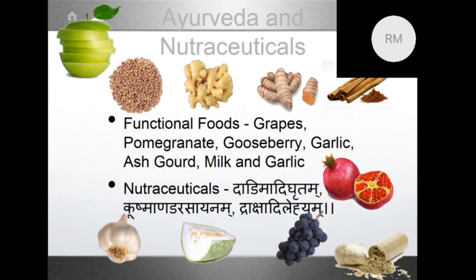There are some based on ashwagandha. There is a specific rasayana which is made out of ashwagandha, and this is a nutraceutical. And there are certain specific medicines made out of grapes, which again can be considered as a nutraceutical. So many formulations in Ayurveda can be considered as nutraceuticals or functional foods.